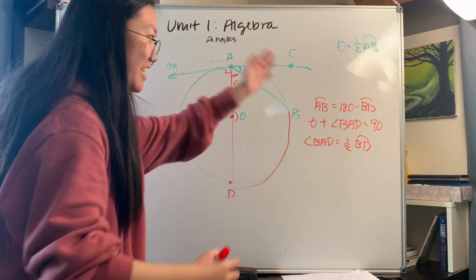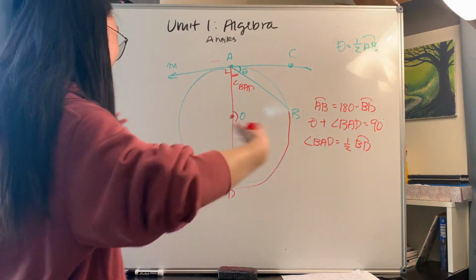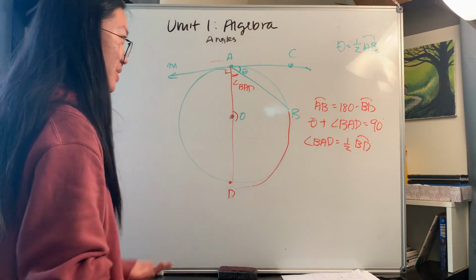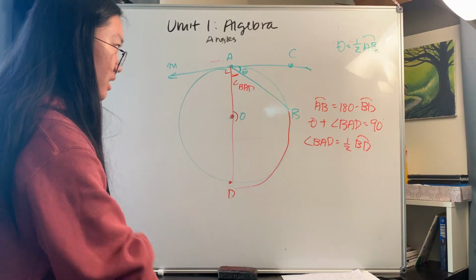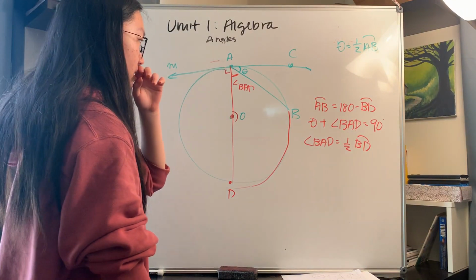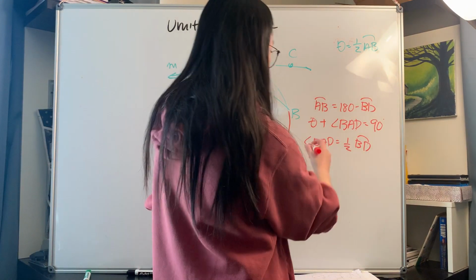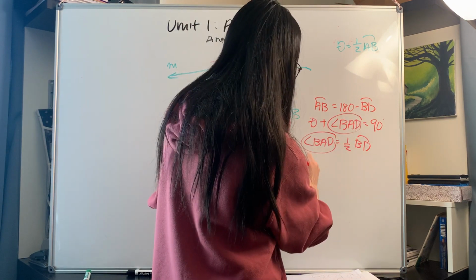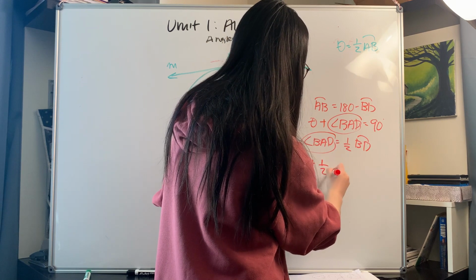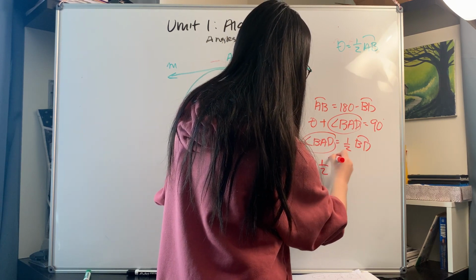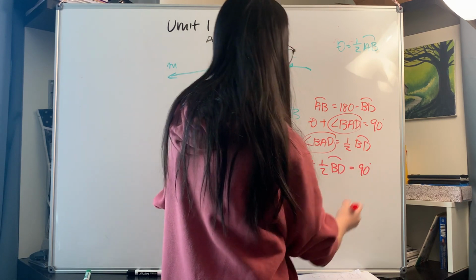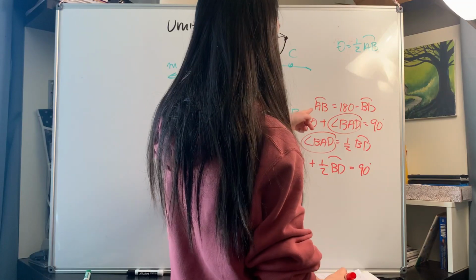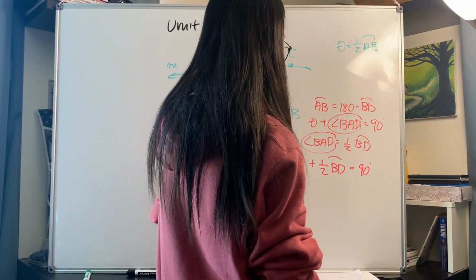Right, so now we have these three equations. We can do a few helpful substitutions with what we have. Starting with this, we can substitute this in for here. So theta plus 1/2 arc BD is equal to 90 degrees.